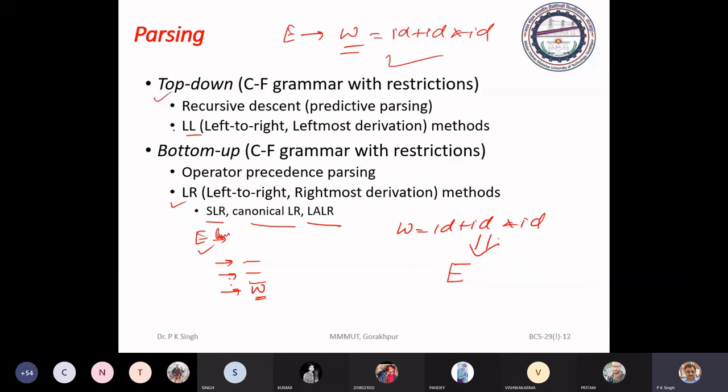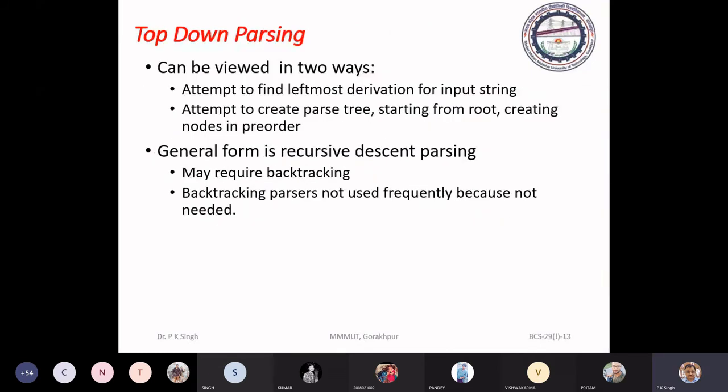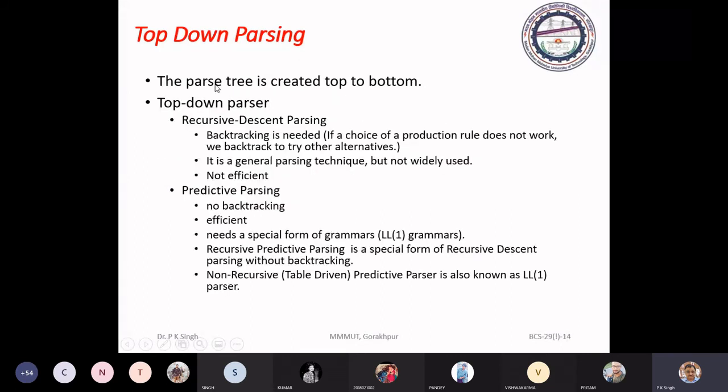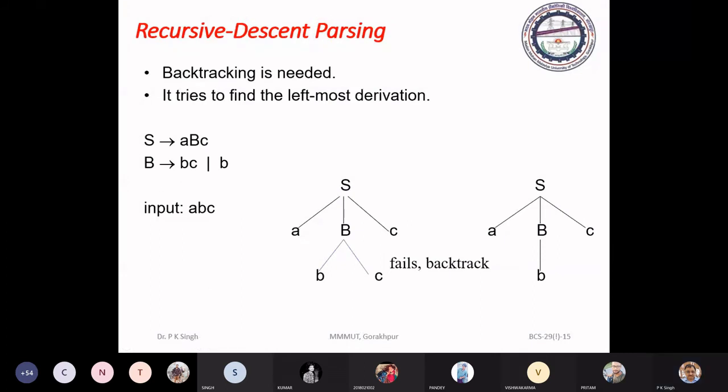Now see top-down parsing. Top-down parsing is, you just see this example. We have this grammar with these three productions.